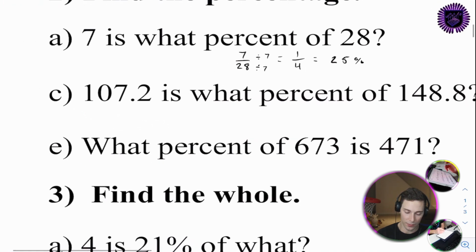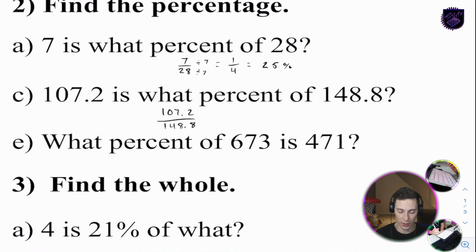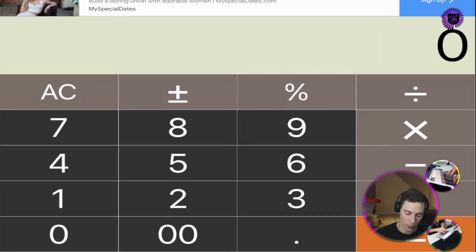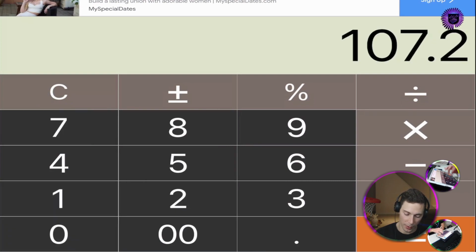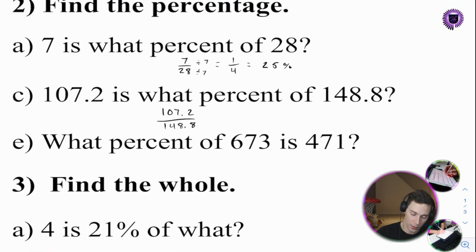Let's look at 2C. 107.2 is what percent of 148.8? 107.2 over 148.8. Oh my goodness. 107.2 divided by 148.8 equals 0.7204.